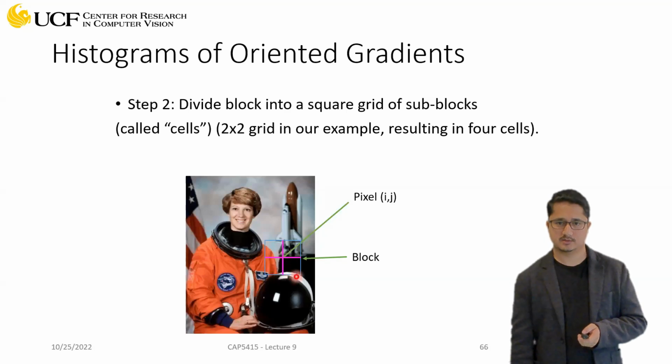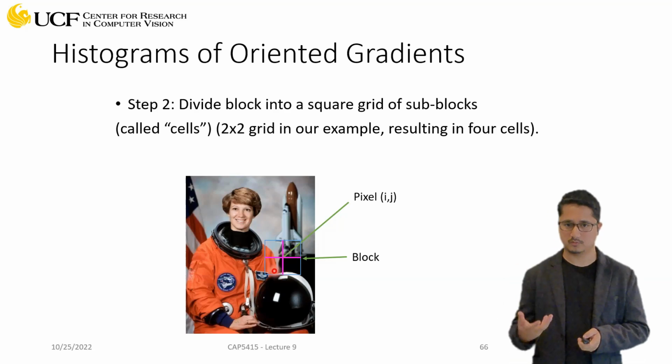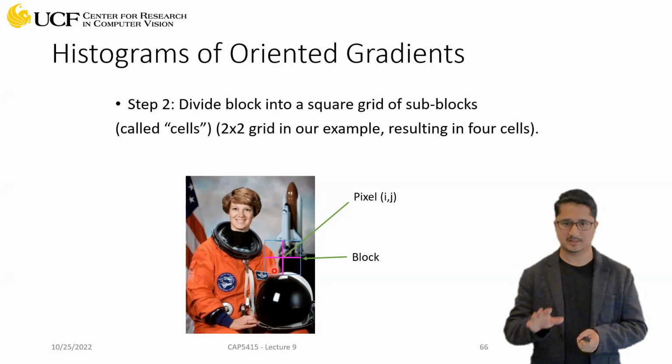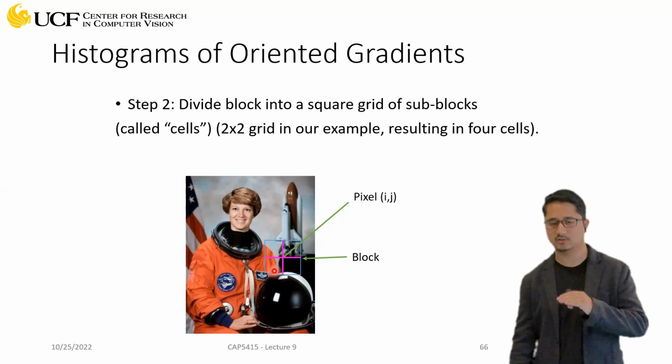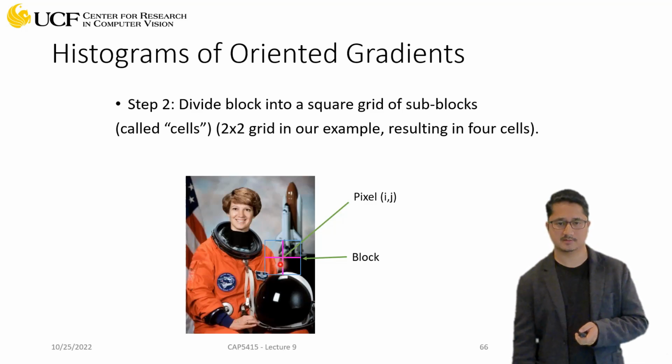So then what you do is, you divide that block into multiple cells. And in this case, we are dividing into 4 different cells. And of course, you can divide into more than that as well. But let's go through it once, and then we'll see how that affects the final algorithm, like how many cells we are dividing this block into. Okay, so the first step was drawing the block.